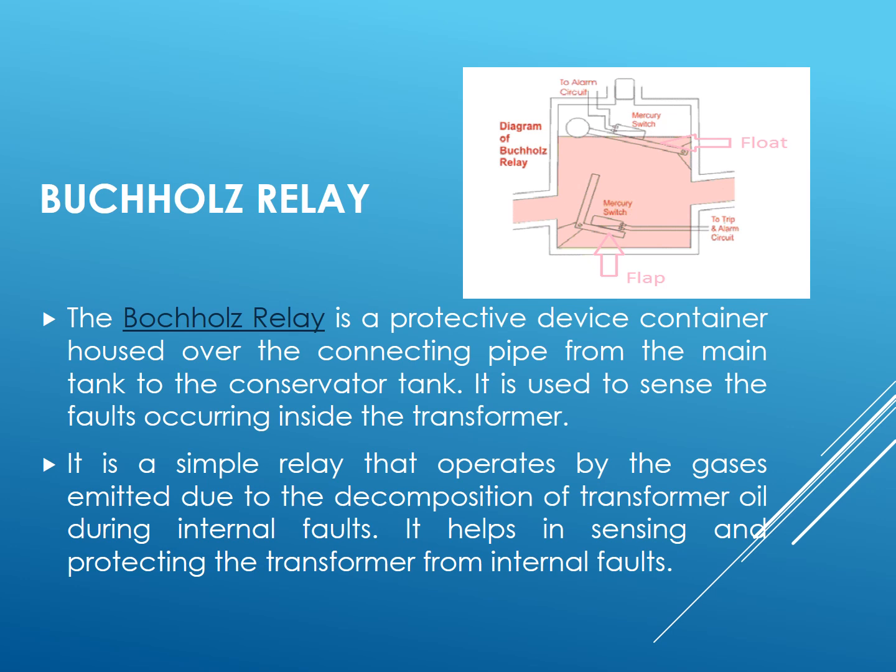When the decomposition is at a faster rate, we need immediate action. The float at the lower part is activated, and that is also fixed with a mercury switch that gets closed and immediately trips the circuit and protects the entire transformer.